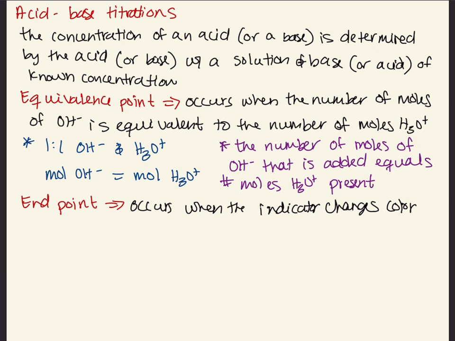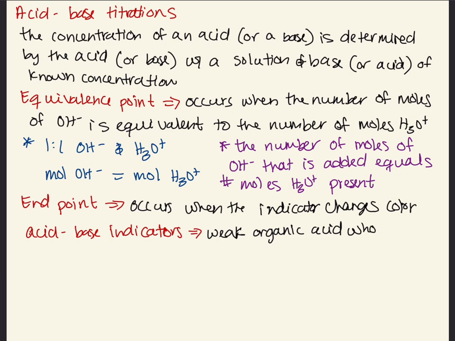Now, an indicator, we call these acid-base indicators. And an acid-base indicator is a weak organic acid whose color is different than its conjugate base.